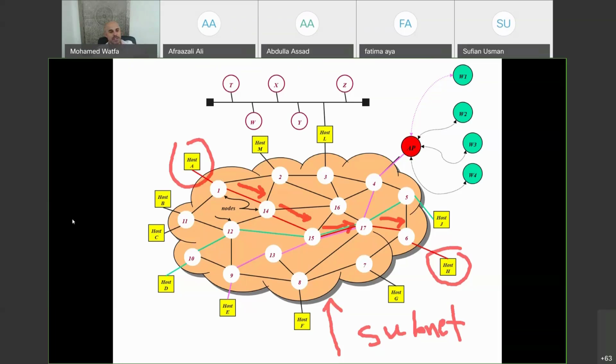Why did we not count this link, this one, or this one? Who could tell me? Is it because it's outside the subnet? Thank you so much. Let me explain it in a better way. How far do you think this link would be, distance-wise?